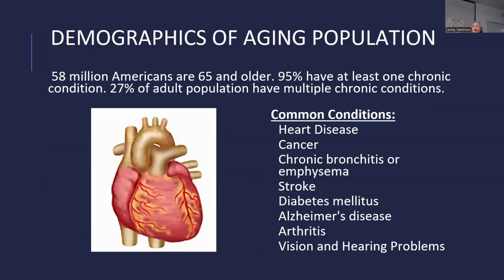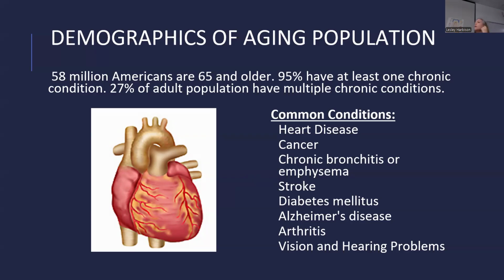The demographic of the aging population is absolutely growing. They used to refer to it a couple years ago as the silver tsunami, because all the boomers are aging out and retiring. The boomer generation was called that because there were a lot of them.